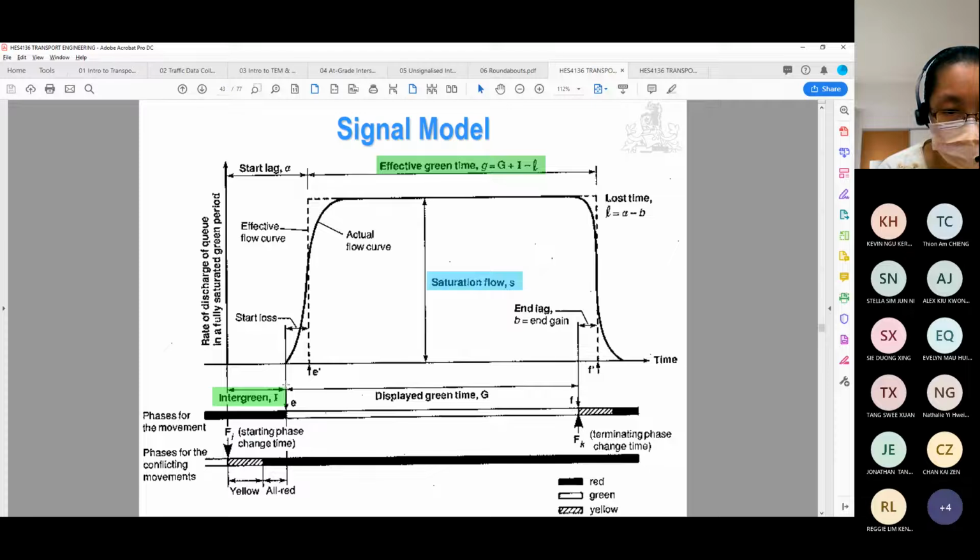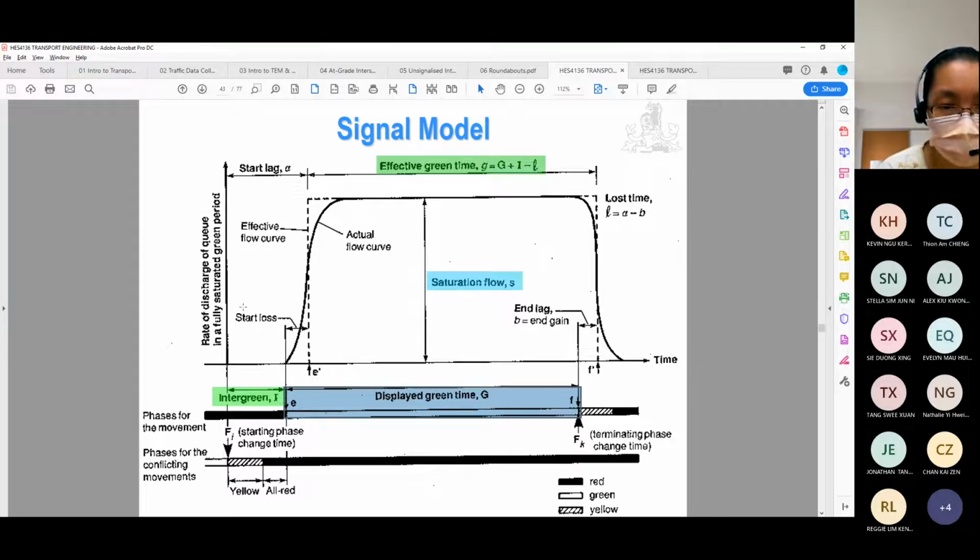Once the intergreen has ended, the intergreen consists of yellow and all red, then the green time would start. But we also know that when the traffic light displays green, the vehicle doesn't move immediately. Even if it moves, it is still very slow. It's still picking up speed.